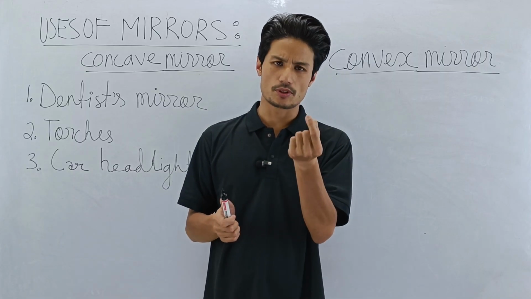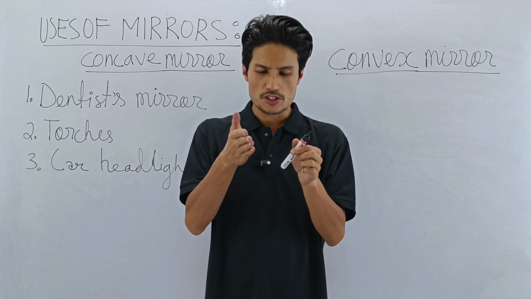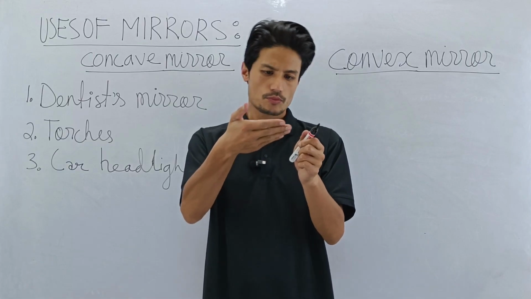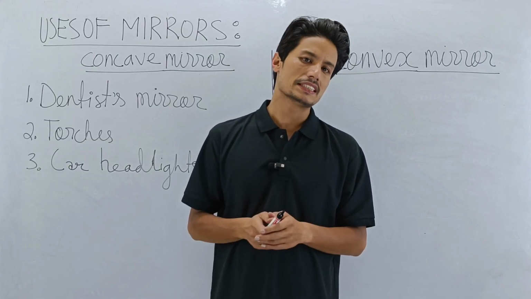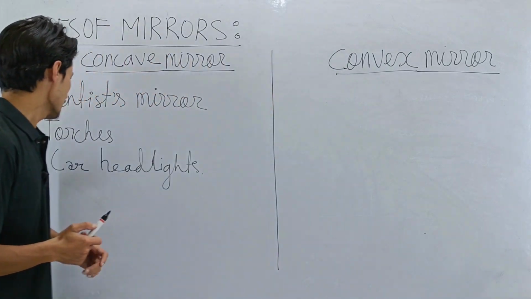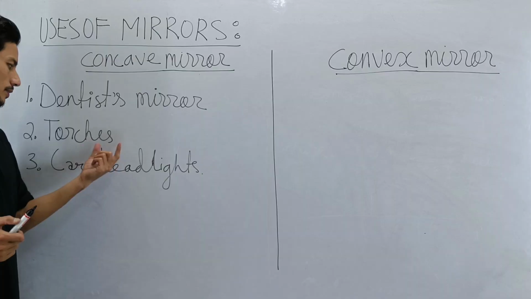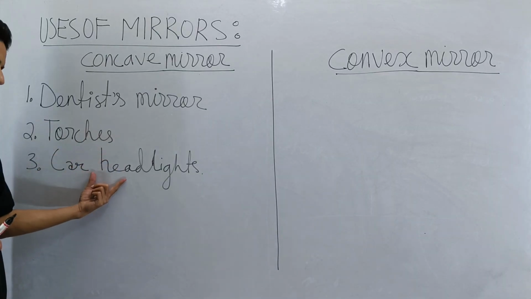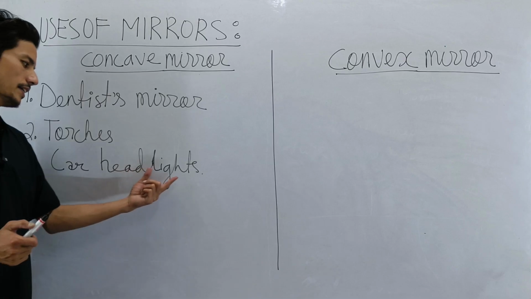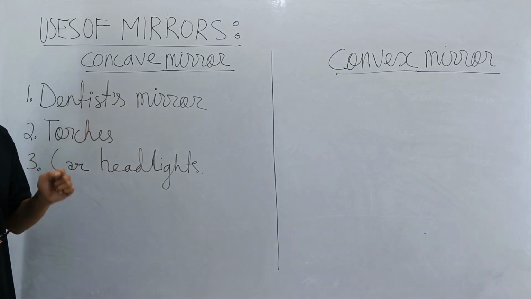Your teeth are very small, so to examine them, the doctor uses this tool at the right angle to see what problem you have. Understood? Next, torches. In torches, we use a concave mirror. Then in car headlights, vehicular headlights have a concave mirror attached. So these are the three uses of concave mirror.